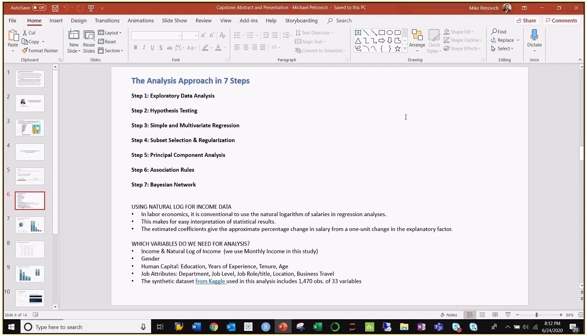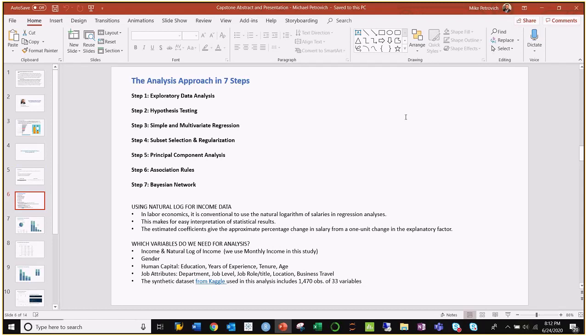For starters, the data set that I used is a synthetic data set, so it's all dummy data. It was sourced from Kaggle and includes roughly 1,500 observations, about 33 variables. I did not use all 33 variables, however.